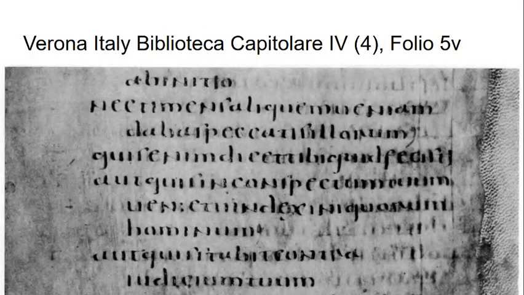So let's have a look. Here's an example. I don't remember what the text of this is, but here we are. It's early half-uncial, and I will read out the first couple of lines for you.